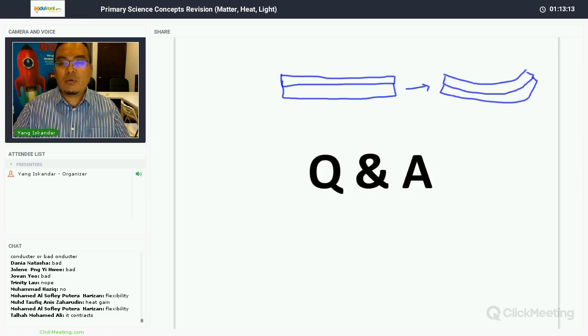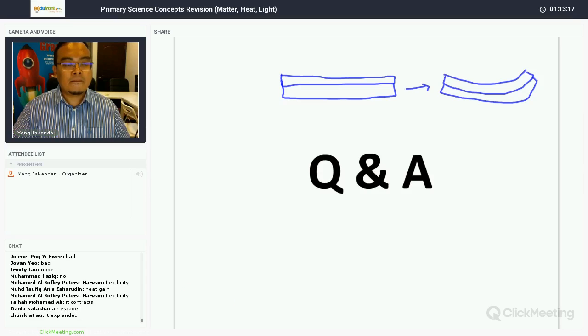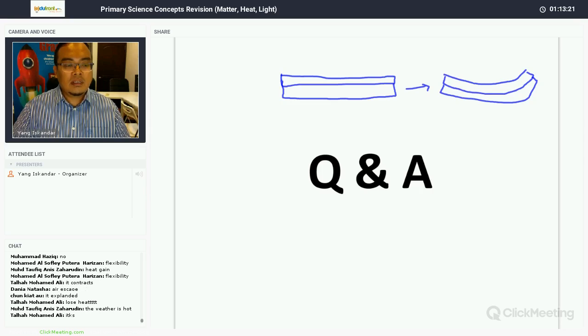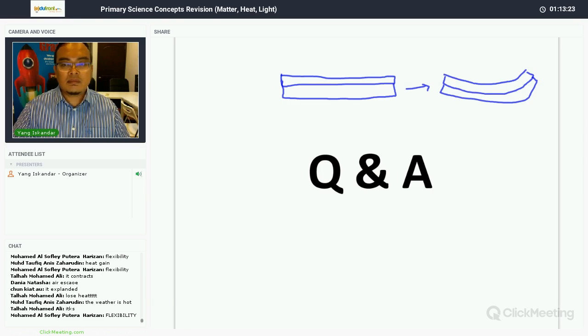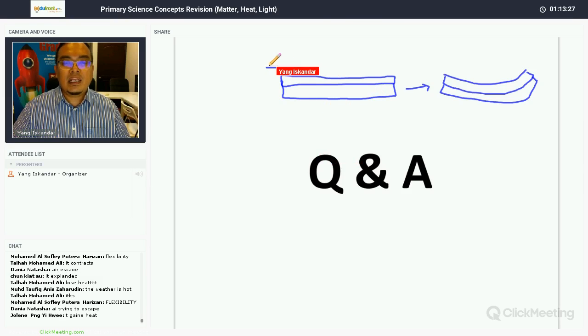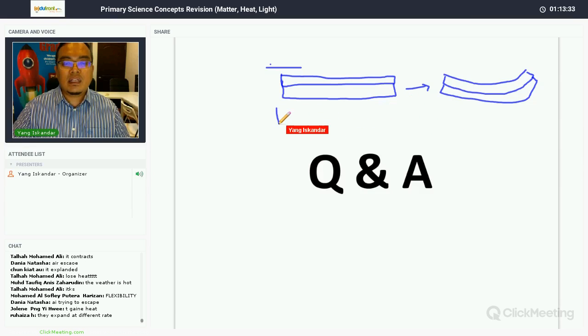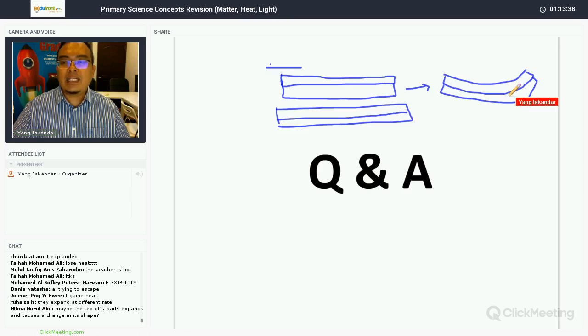Okay, but you still have not explained why this bimetallic strip bends. Expanded, lose heat? No. The weather is hot? No. You see, if it expands, it would expand straight. It can become longer, but instead of becoming longer, it bends this way. Now, why is it so?